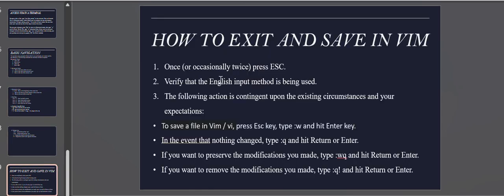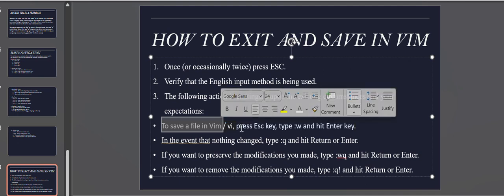Here is how to exit and save a file in Vim. Press escape once or twice. To save the file in Vim, press the escape key, type colon W and hit the enter key.